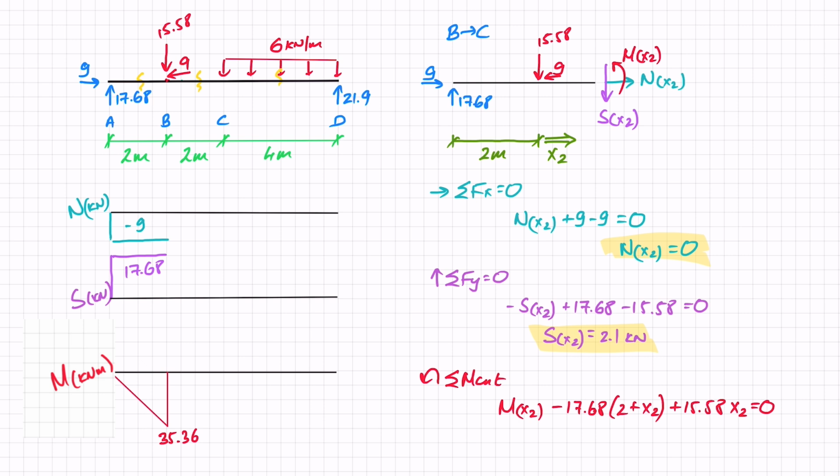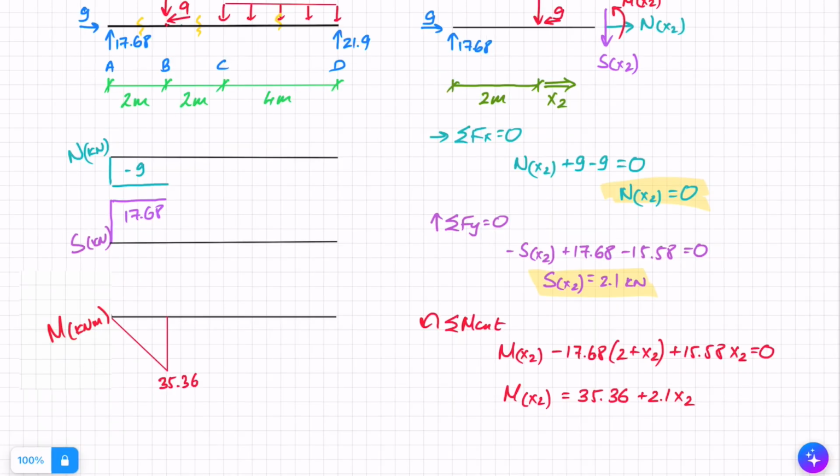And if I just isolate M x2 and add the two components that contribute to x2, I'll find that I get 35.36 plus 2.1 x2. So that's my equation for moment.